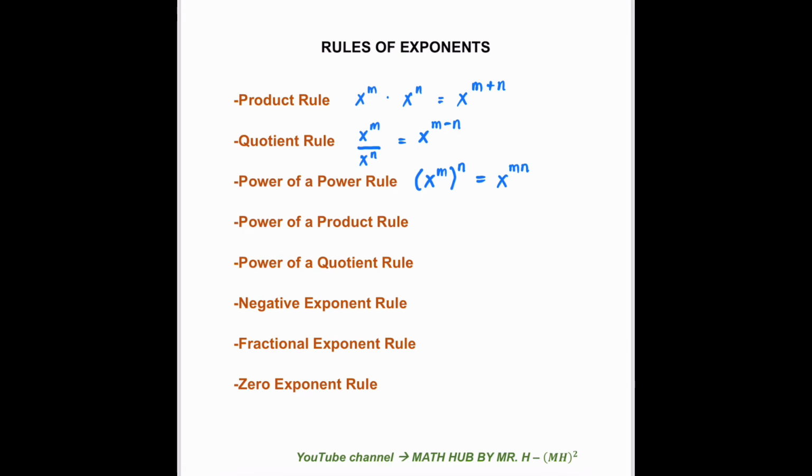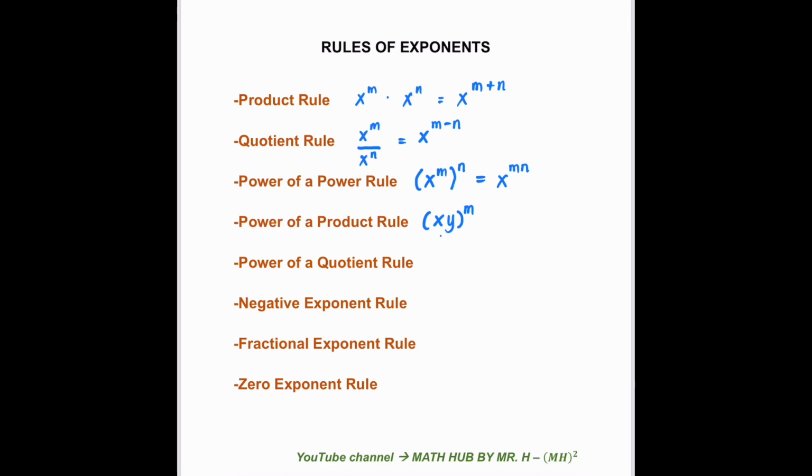And for the fourth rule, we have what we call the power of a product rule. So power of a product. We're looking at, for example, x times y, which is the base, and the power, say for example, is m. So we have the base here, which is x times y.